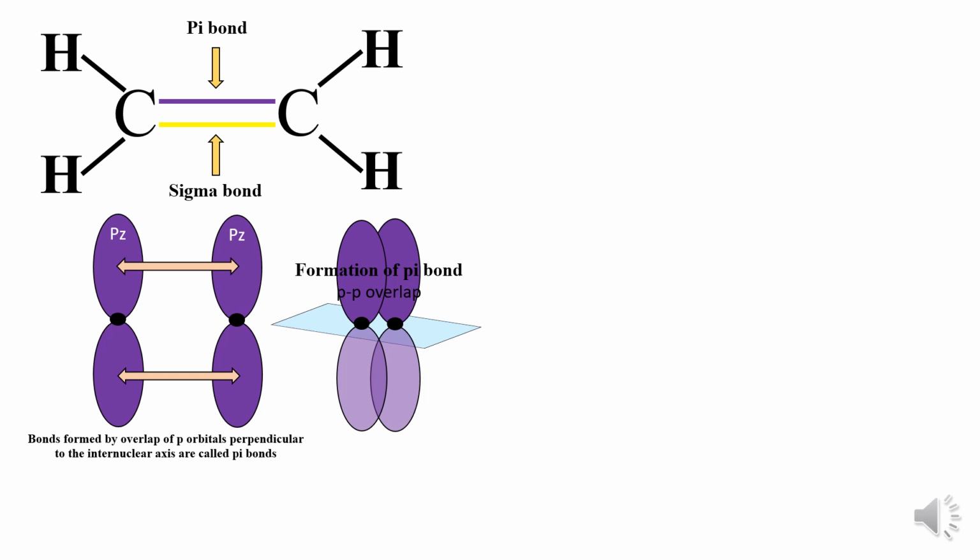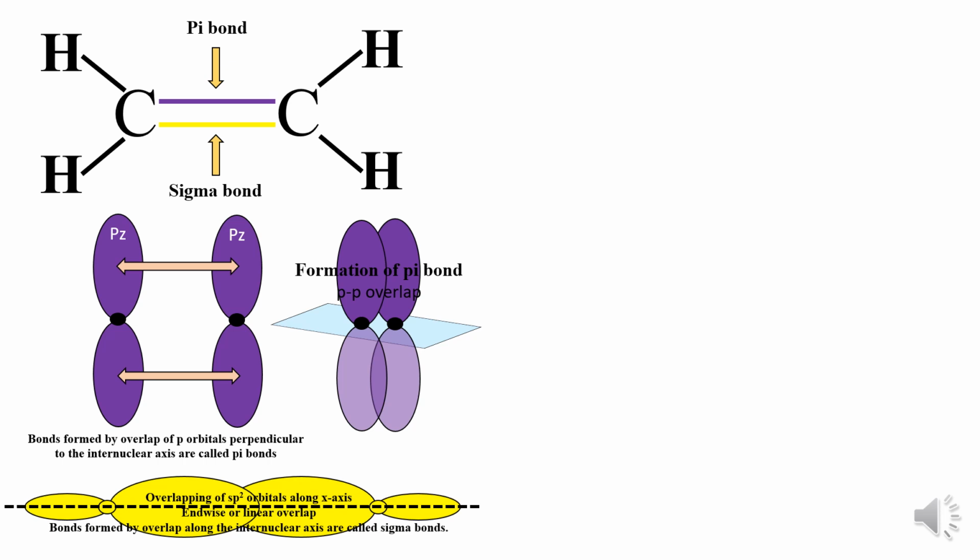The probability of finding the electron is 0 at the nodal axis, or the electron density is 0 around the nodal axis. So this is how the p orbital is formed. The pi bond is weaker because it is formed by sideways or parallel overlapping.